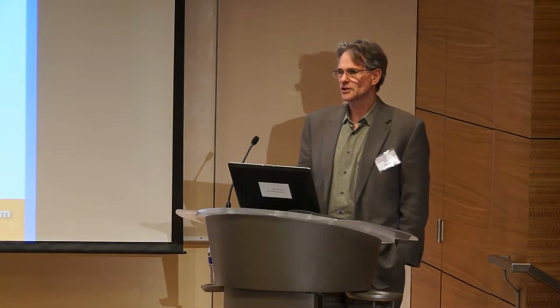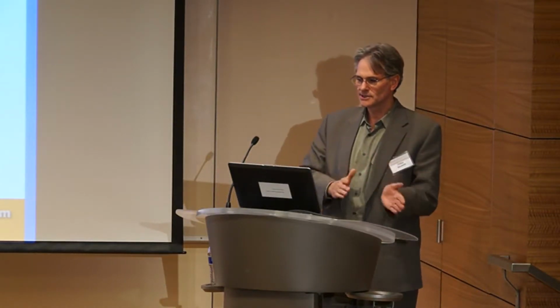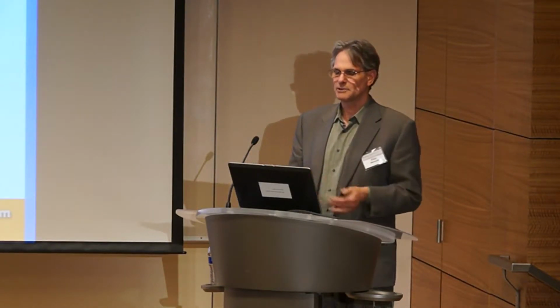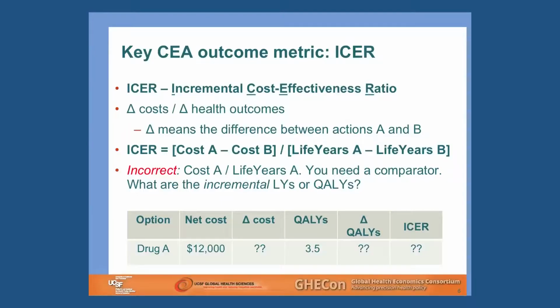Now, the other might be doing nothing, which sounds like it's not a course of action, but it is. The status quo, if it's no intervention, can be considered to be an option that you're evaluating against, again, some active intervention. So sometimes we talk about deaths averted, sometimes we talk about life years gained, and they're really sort of inverses of each other and are conceptually equivalent.